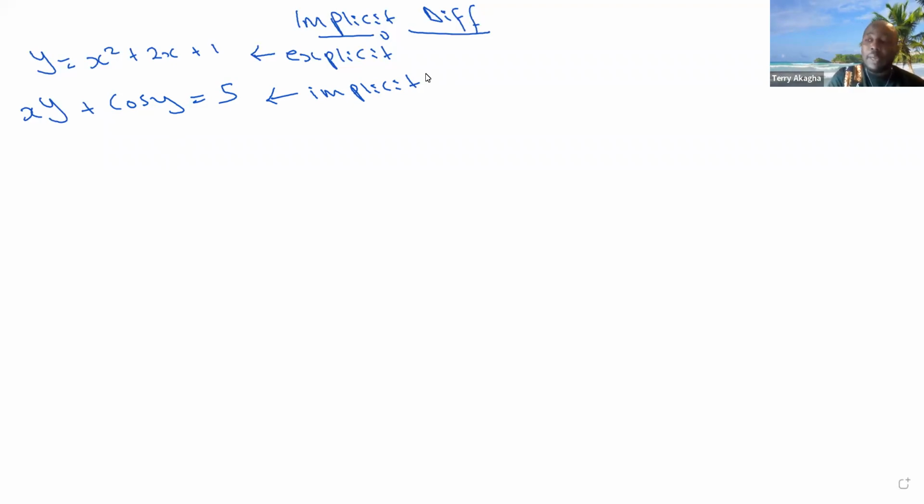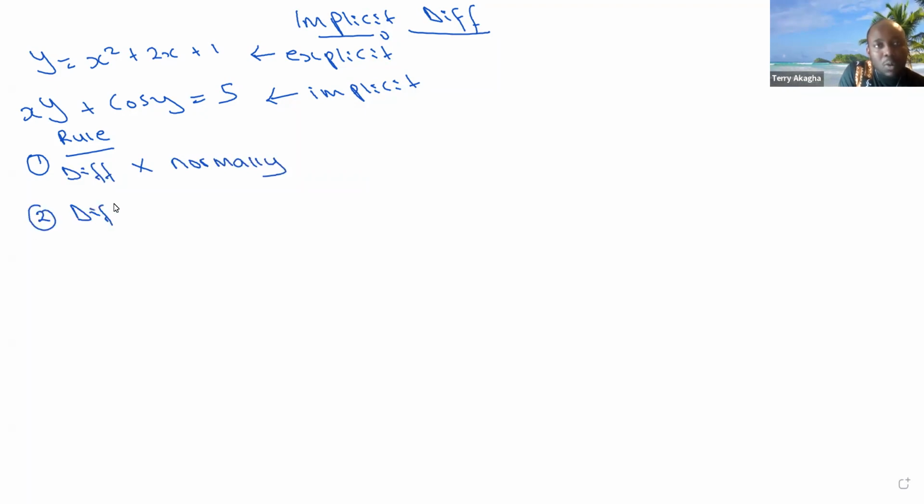I have a rule that you just need to keep in mind. When doing this, first, you differentiate x normally. Number two, you differentiate y as well, but you add dy over dx to it.